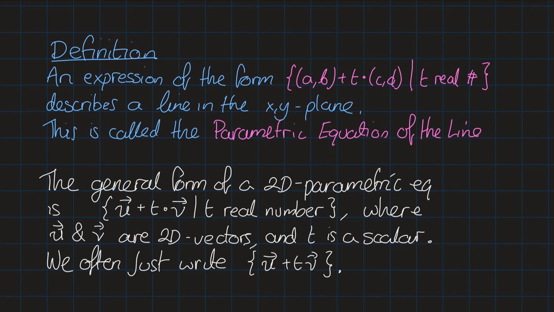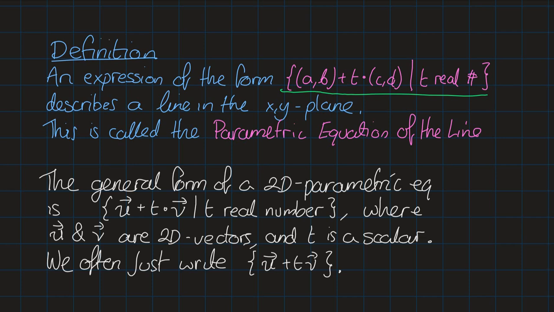This definition says that an expression of the form the set of (a, b) plus t times (c, d), where t is a real number, describes a line in the xy plane. So this is a lot to take in and it looks really algebraic, but what's going on? The curly braces mean I want all the points described within this set.